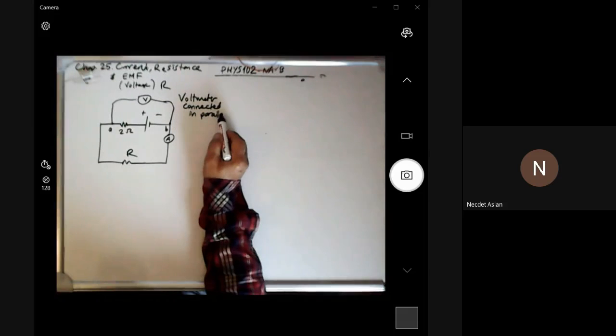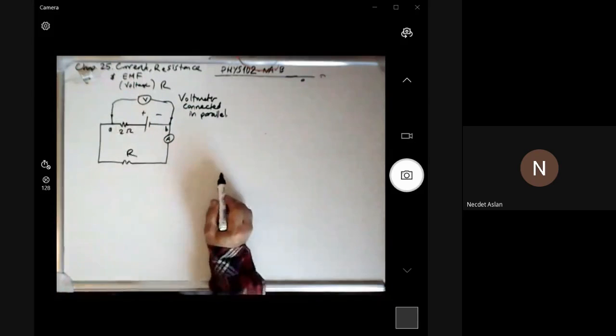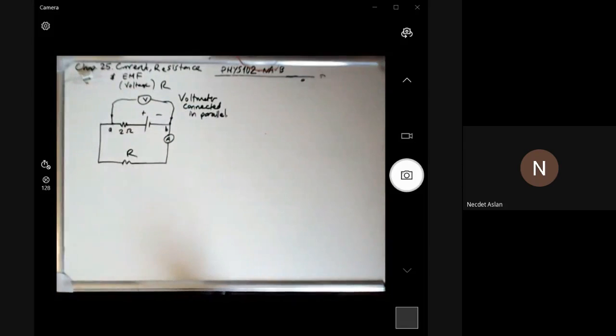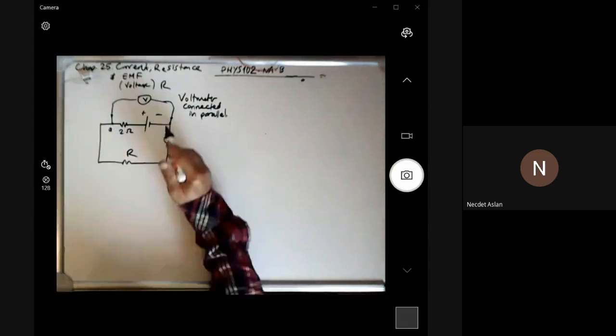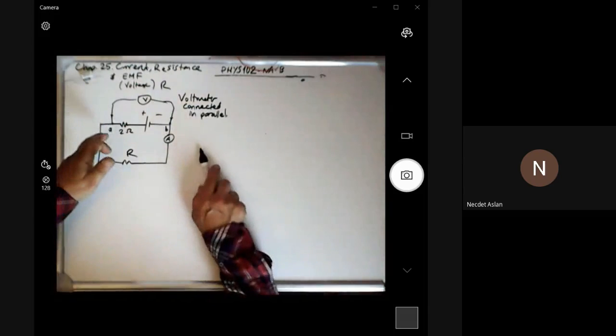Why? Because it's obvious that we need 2 tips, and because we have potential differences, we have to measure the potential difference in order to measure the voltage. You need 2 points, and all you have to do is just touch, right?